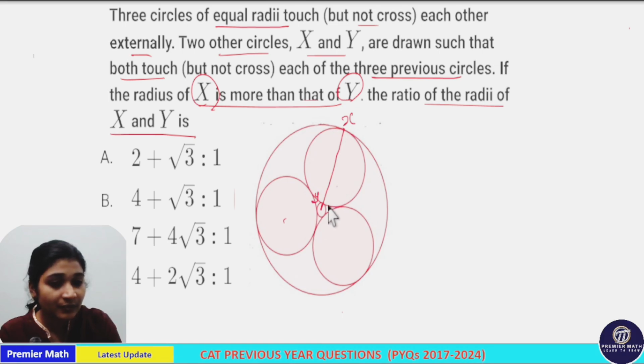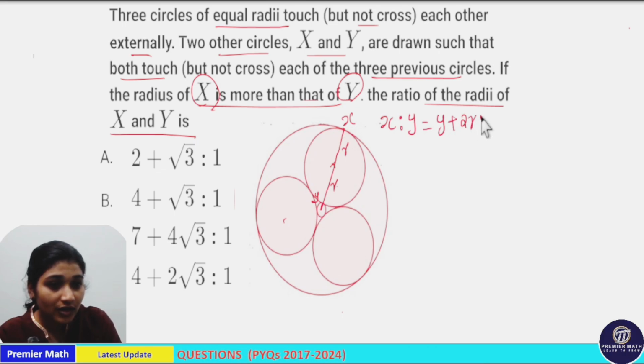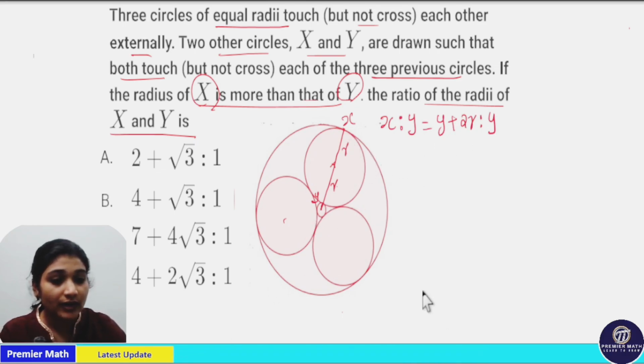The three circles have equal radii, which I take as r. Then x is equal to y plus r plus r, so x is y plus 2r. We have to find the ratio of x and y, so we need the value of y.